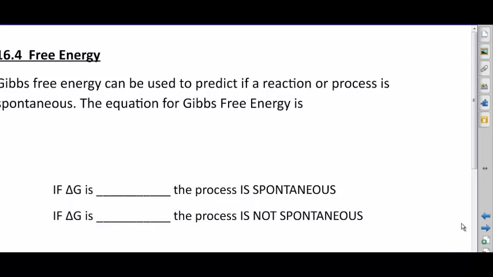Okay, there is another way. I told you this was coming. There is another way we can determine whether or not a reaction is spontaneous, and that's really what this is used for. It is called Gibbs free energy.